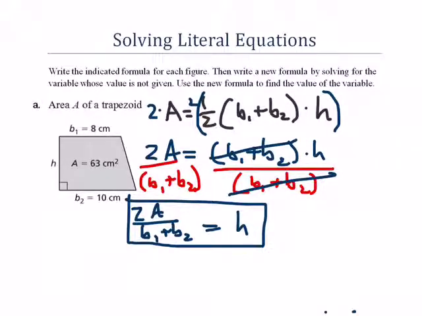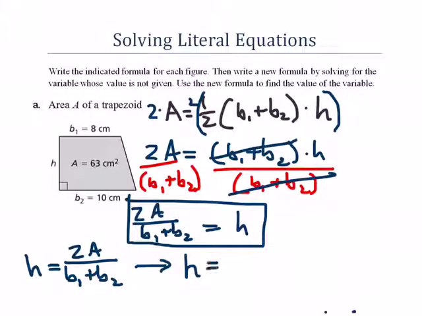If you have a trapezoid, you know the area, base 1 and base 2, plug them in and you'll get the height. So let's try that out using the numbers that we have. We know that the height is 2 times the area over base 1 plus base 2. All right, well, what is the height in this problem? The area is 63. 2 times 63 all over 8, which is base 1 up here, and base 2 is 10. 8 plus 10.